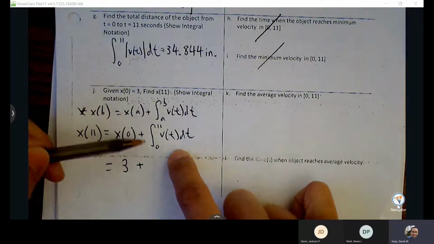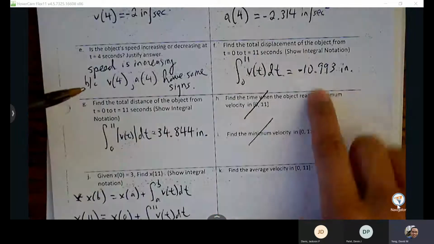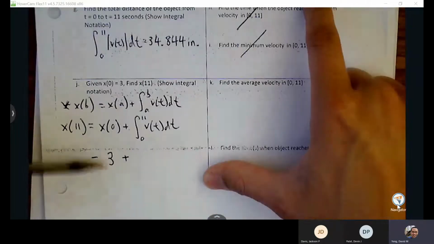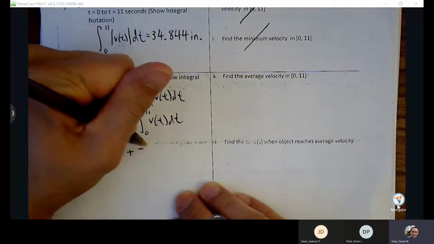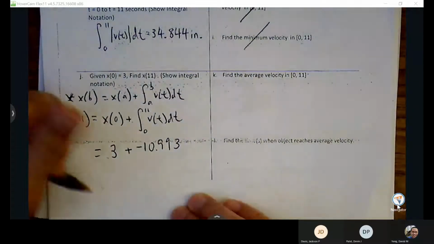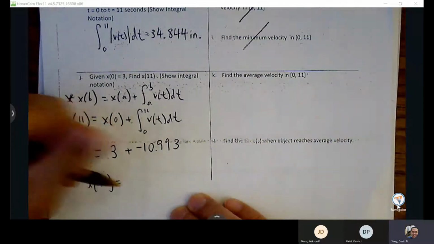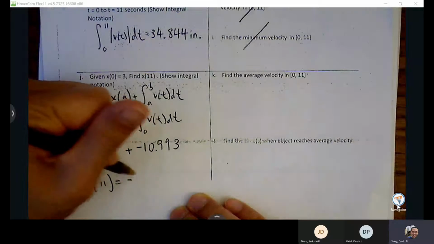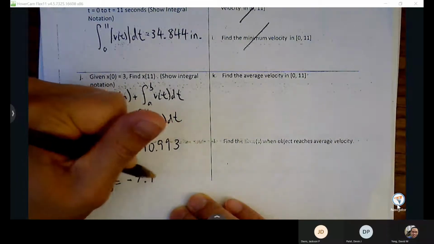And then over that time interval, you can plug it in the calculator again, or it's already given above. So from location 3, he's going to move backwards almost 11 units. So where does he end up? He's going to end up at negative 7.993 on the x-axis.